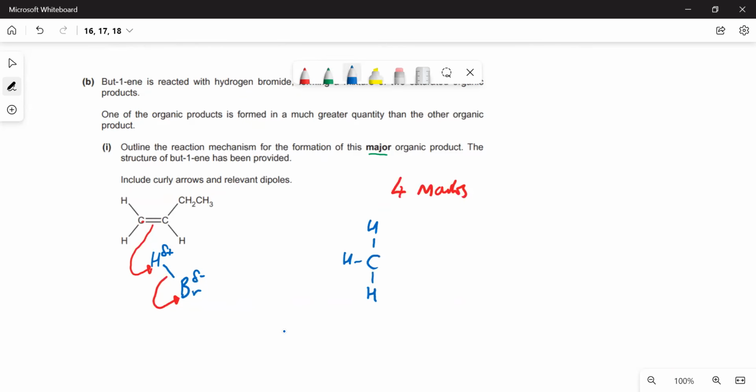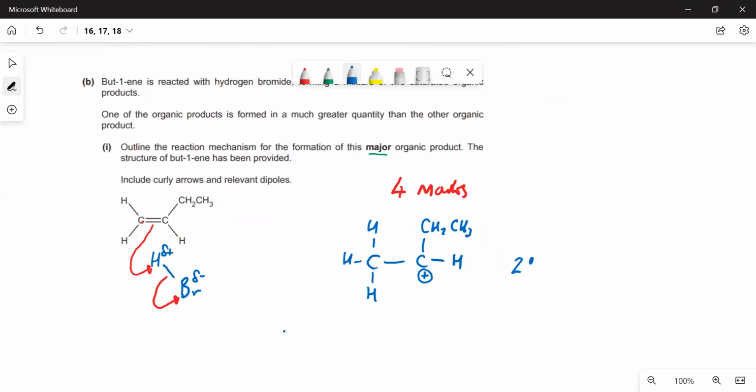So we've got the ethyl group here, a hydrogen, and this carbon has now got a positive charge on it. That's a carbocation. Just to remind ourselves, that is actually a secondary carbocation. That's why I'm mentioning it now, because it's probably going to ask us about this later.